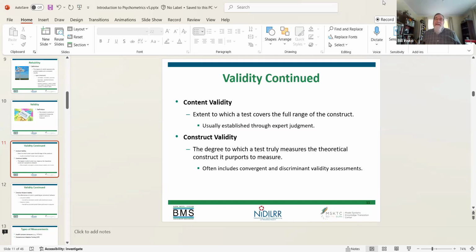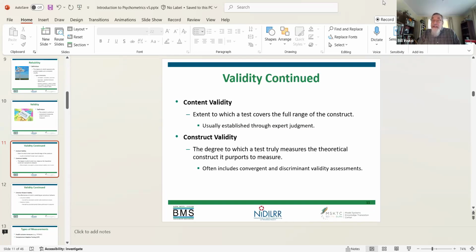And here, if you are trying to measure anxiety, for example, for burn patients, the items had better look like you're measuring anxiety. Do you have anxiety when you do this? Have you ever had anxiety when you're going out in public? And the same with math or reading. You write items that are specifically designed for the construct that you're measuring.